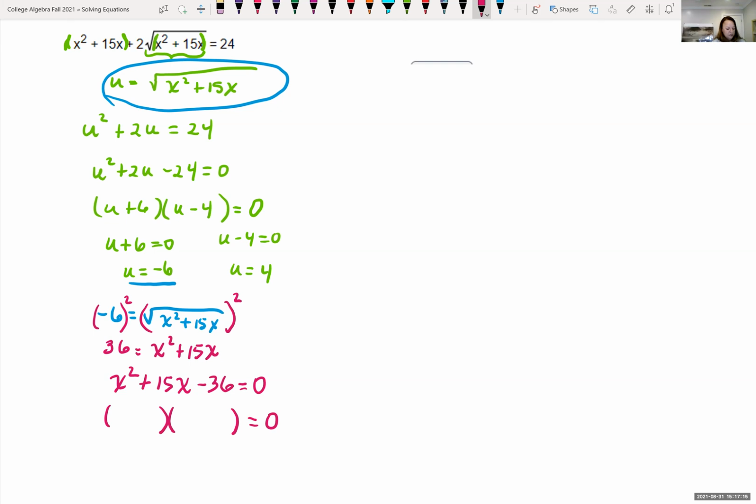So let me just think about it. 36, it's not 6 and 6. 2 and 13 is not going to work. Next, actually, that's 26. It doesn't work either.